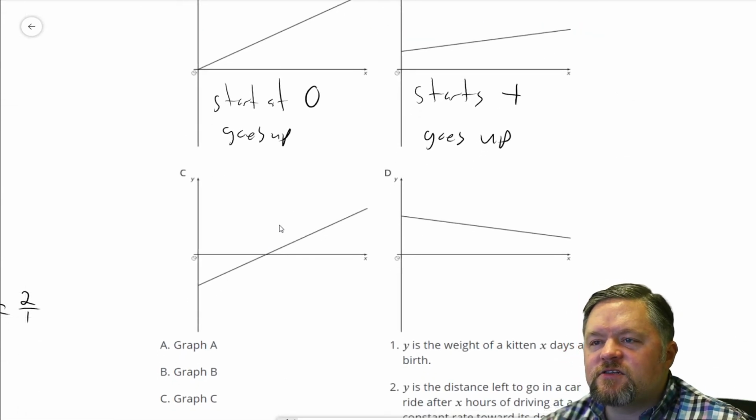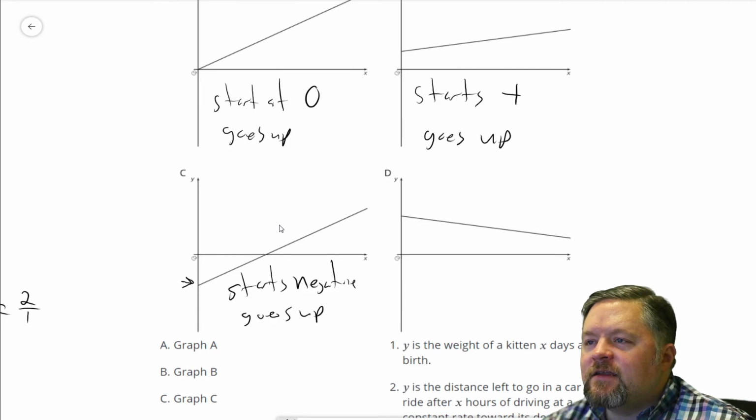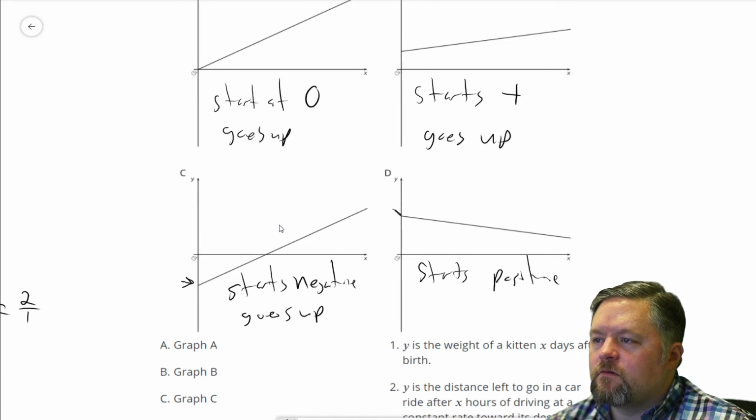C starts negative and goes up. And D starts somewhere positive and goes down.